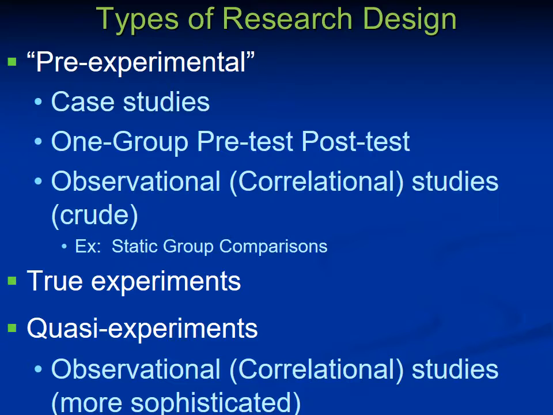And the next couple of categories, true experiments and quasi-experiments, can actually be very sophisticated and can allow those kinds of cause and effect analyses at the end.